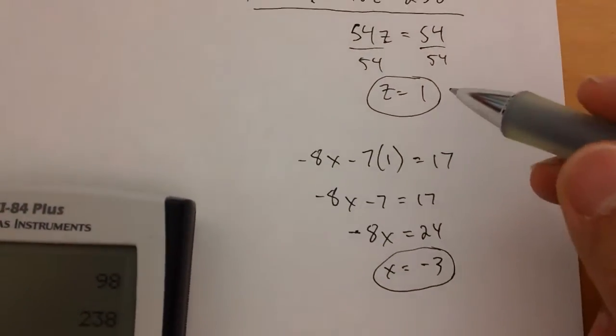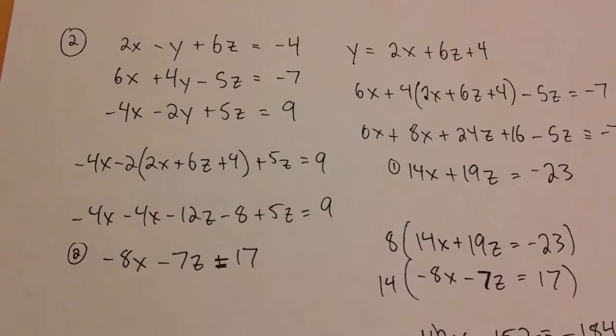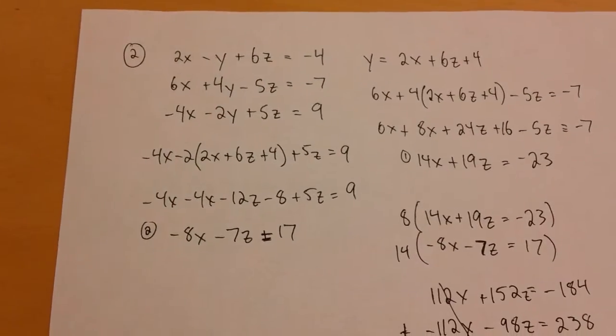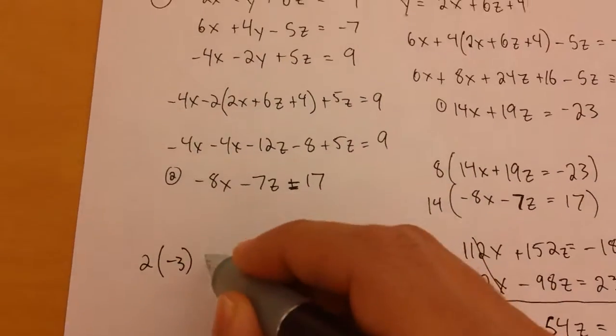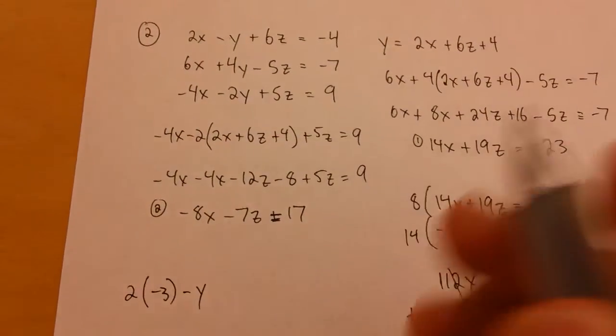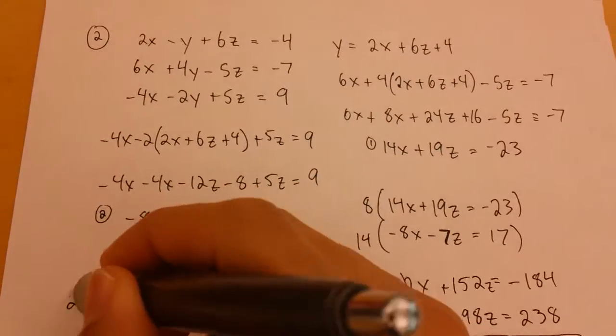Take the x and the z, plug it back into one of the original equations with 3 variables in it. And so let's go with the first one there, why not? So 2 times x was a negative 3 minus y. Actually, wait, what am I doing? Look at that. I could go ahead and plug it into this one. It's already solved for y.